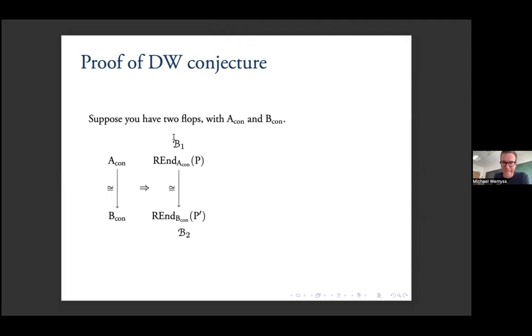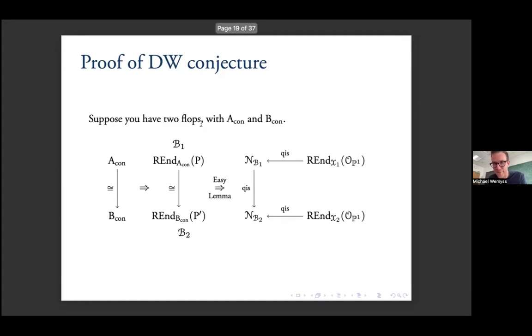So you apply the extremely easy lemma and you get a quasi-isomorphism between these unitally positive things. That's just a very easy lemma. Because essentially these are the images of the morphisms from before, you take these objects that you have and it turns out that they are quasi-isomorphic to those.